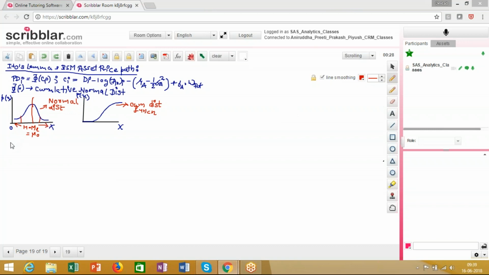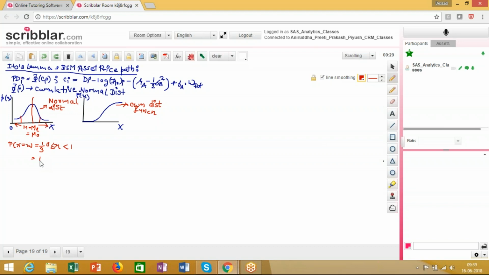Say, for example, I have a probability where the probability of x is 1/3 for all values of x between 0 and 1, less than 1.